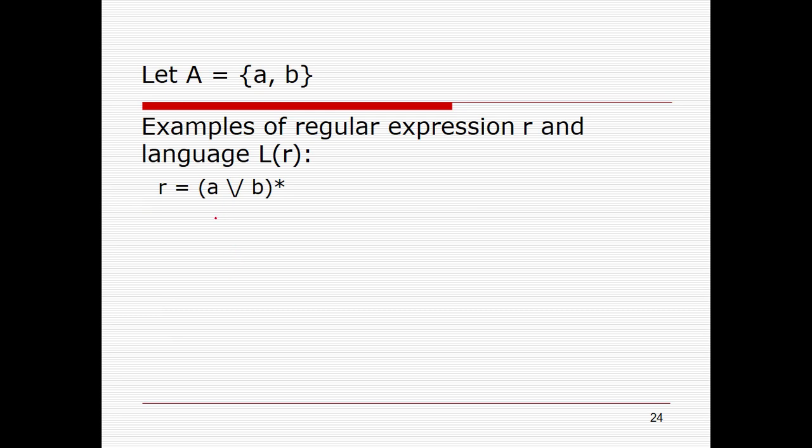We can also have a language where we can choose from a or b as often as we like. Because there is a star around the complete expression, we have lambda again, but we can also do a, a, or only b's, whatever.